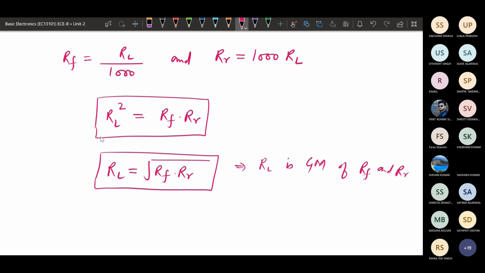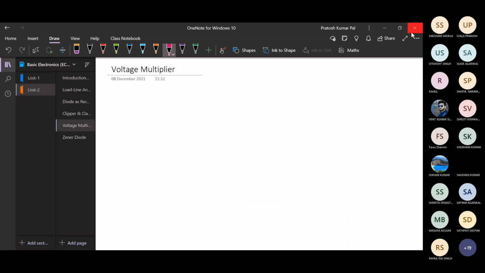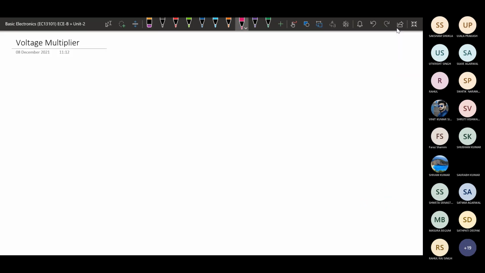So next we will see the multiplier circuit. Basically, how we can implement a voltage multiplier by using diodes. One of the applications of a diode is the voltage multiplier.